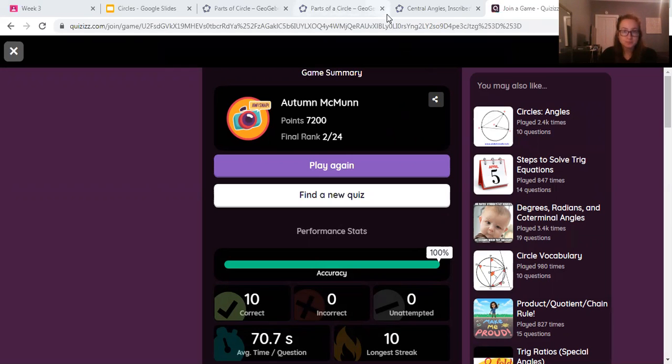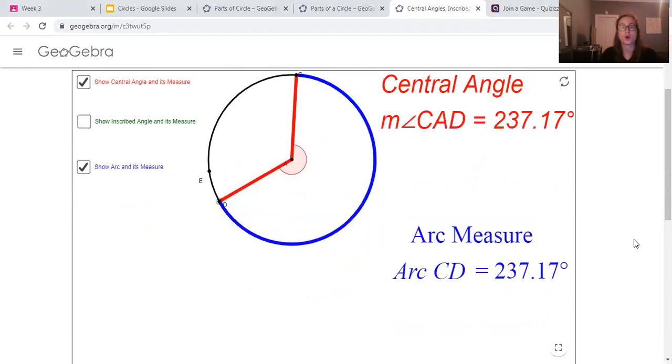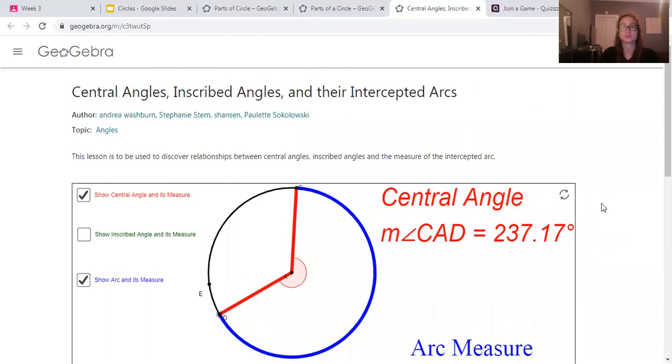And really, all this is doing is helping you remember this relationship for central angles, that the angle and the arc are the same, only if the vertex is at the center for your angle, which is then called a central angle. All right, so you're just going to practice the central angle, and then that will be it for this week. And next week, we'll move on to the next topic.